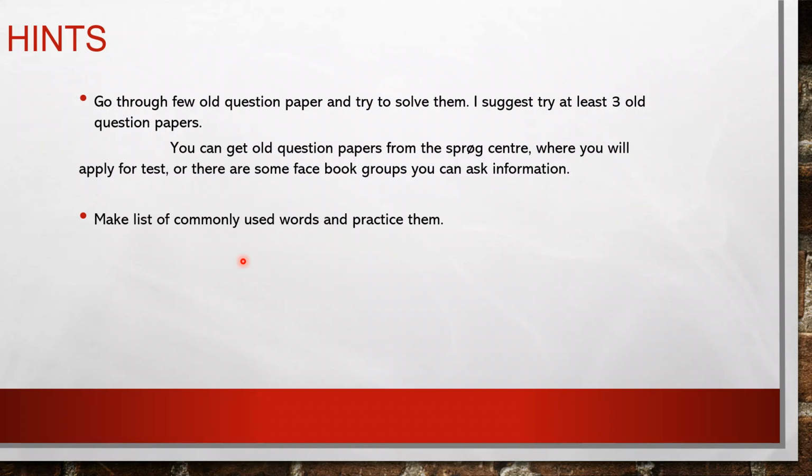Also, one more piece of advice is to make a list of commonly used words from the previous question papers and practice them, so that you will find it easy when you read the question paper the first time.